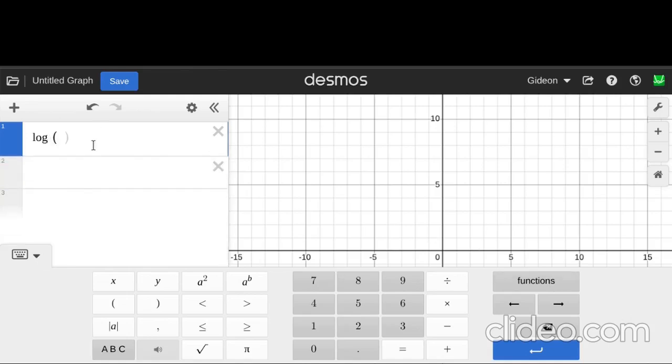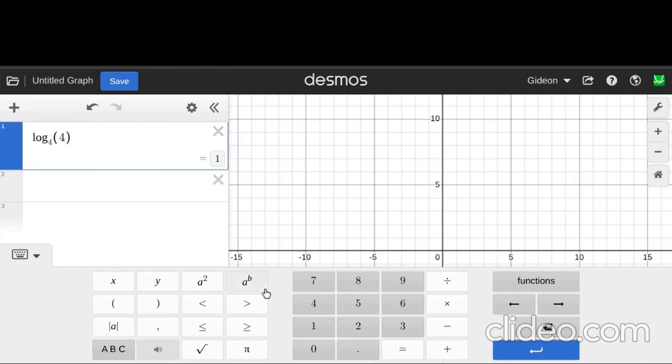You have a log with a base of, let's say, 4. You put a 4 in here, you're going to get a 1. If it's 4 to the power of, let's say, 6, you're going to get a 6. It undoes that exponential.